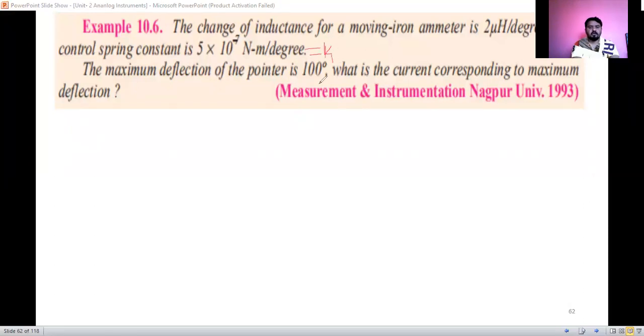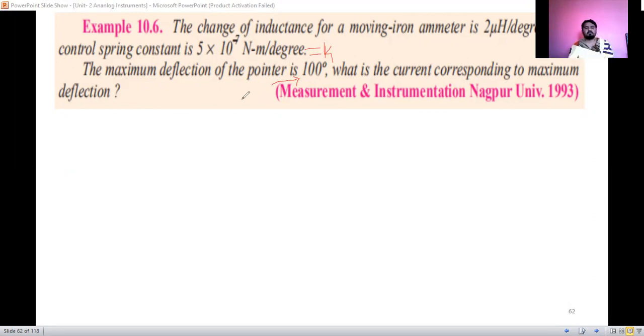Next, what is this one? 100 degree. Maximum deflection of the pointer is 100 degree. Is it d theta? Change in theta? This is not d theta.